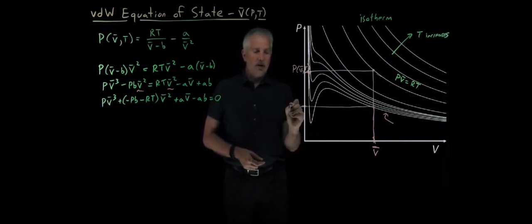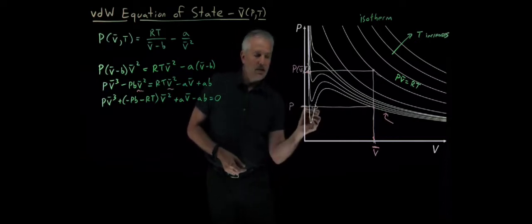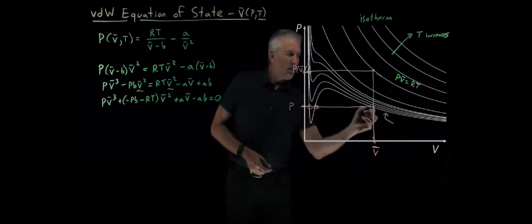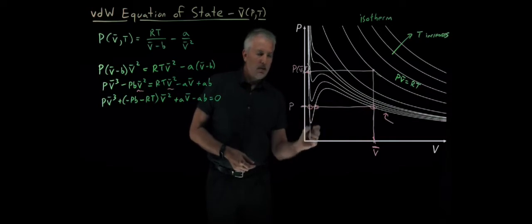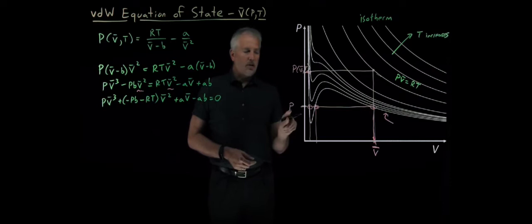But if I do the problem the other way around, if I know this pressure and I want to read across until I intersect with one of these isotherms, I intersect with an isotherm here, I intersect with another one here, I intersect with another one here. So there's three different molar volumes, this one, and this one, and this one, all of which are consistent with that pressure.